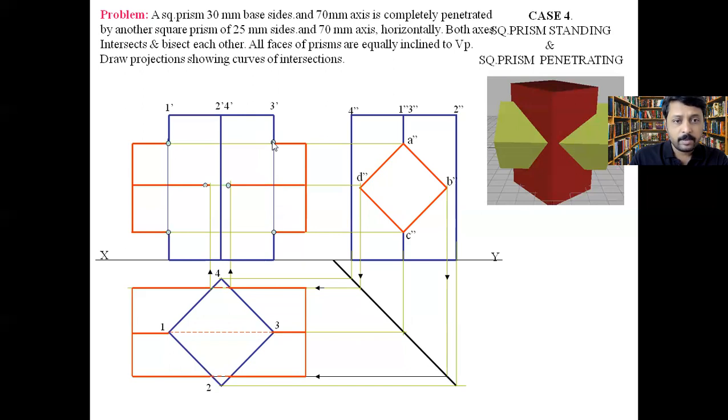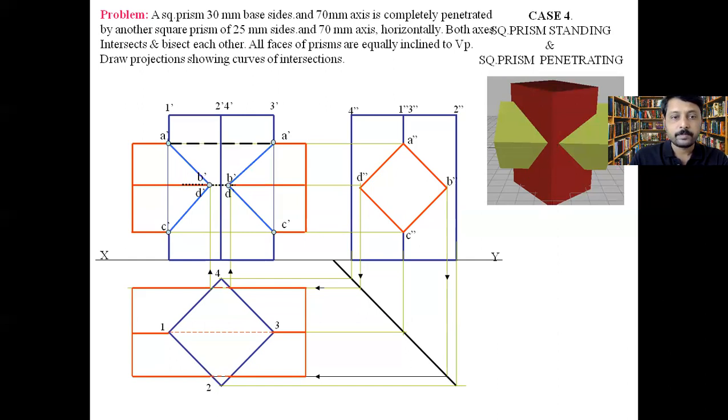So A, B and D, C. Same to the left side, same to the right side because it is symmetric. Complete the views like A dash, B dash, C dash, D dash. Same is here. Now complete the curves of intersection like this. So we can say this is how our prism is going to look.